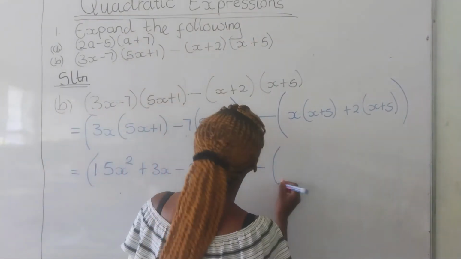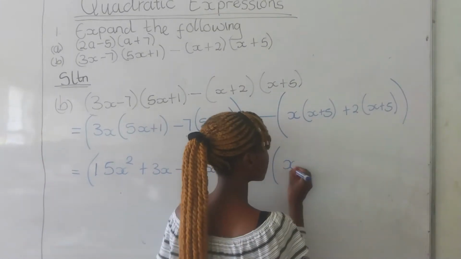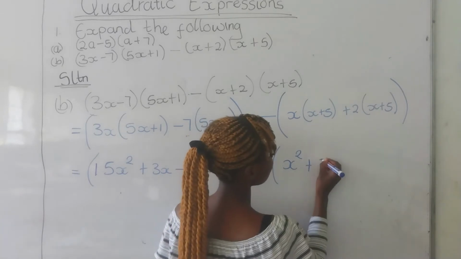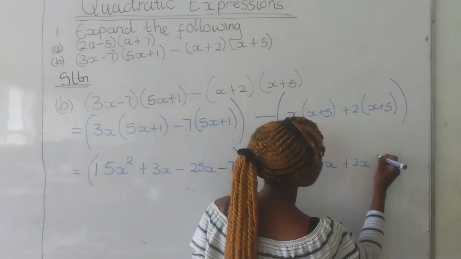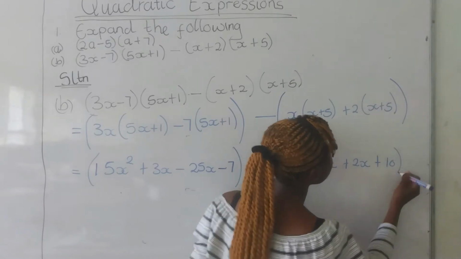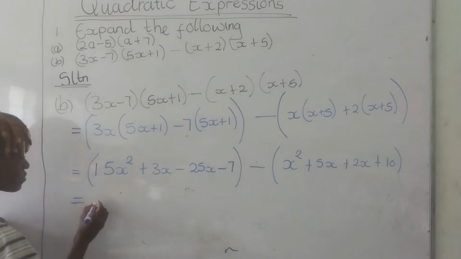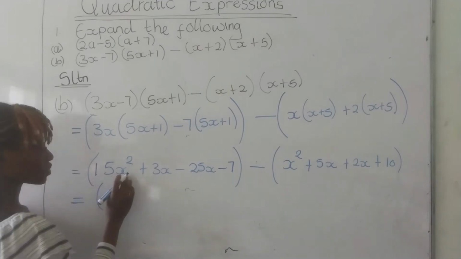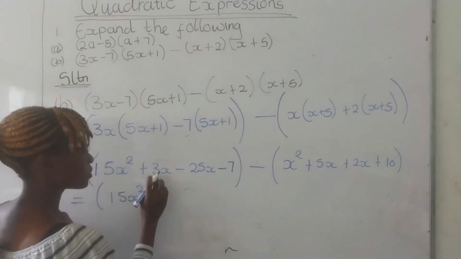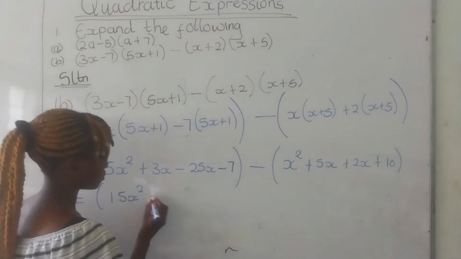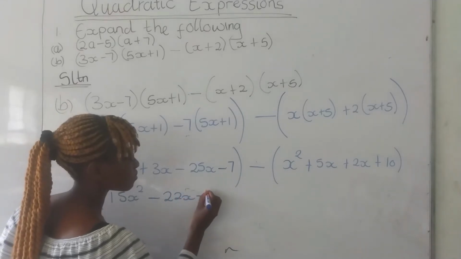Minus, for the second part we say x by x is x squared plus 5x plus 2x plus 10. Okay, we simplify those in brackets first. 15x squared, 3x minus 25x, you get minus 22x minus 7.